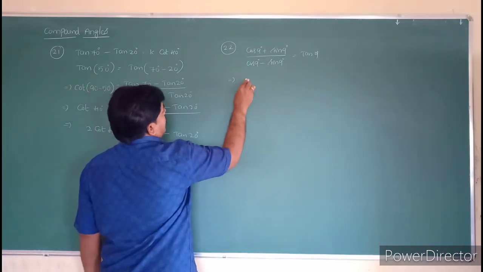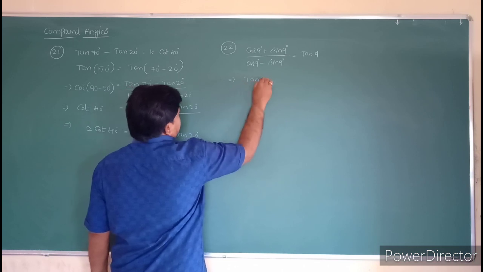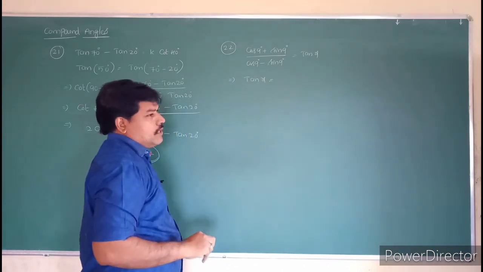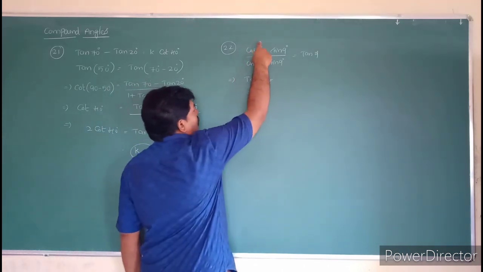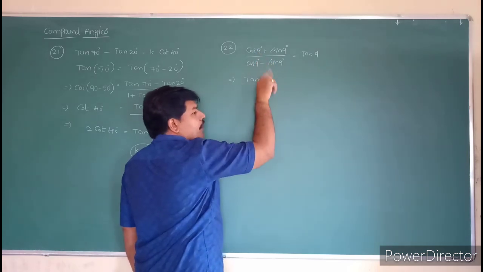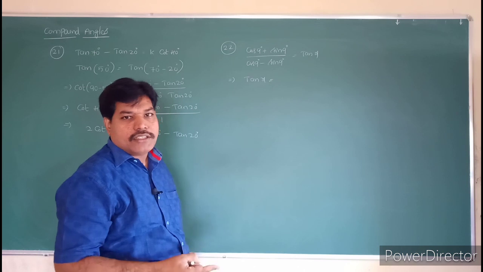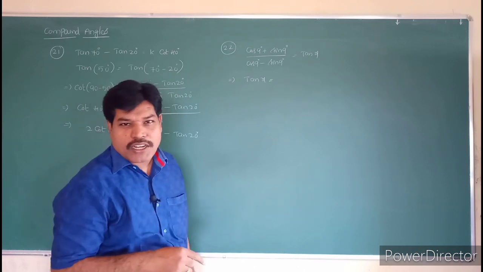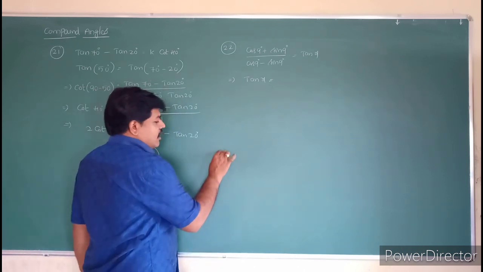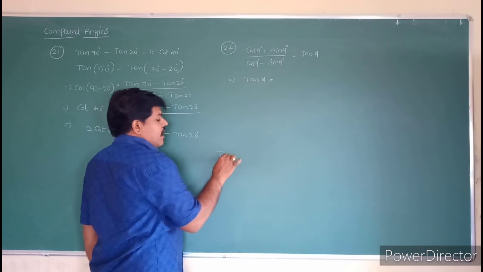So that implies tan x is equal to, numerator and denominator I am going to divide with, already we know one formula. Anyone can tell the formula, students?